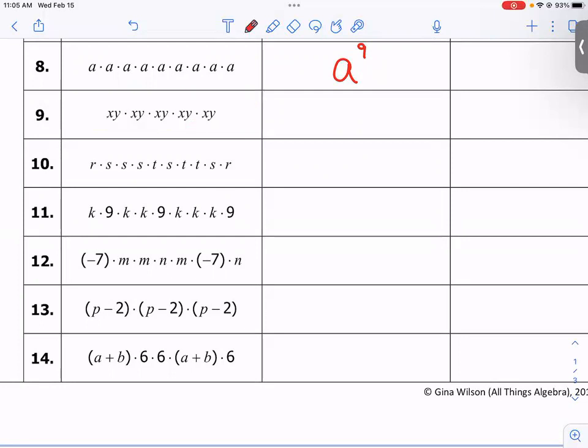So we have XY to the 5th power. I know, it is weird. All right, write down what you think 10 should be.